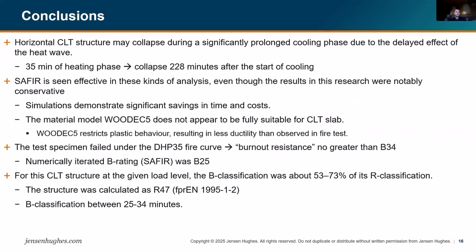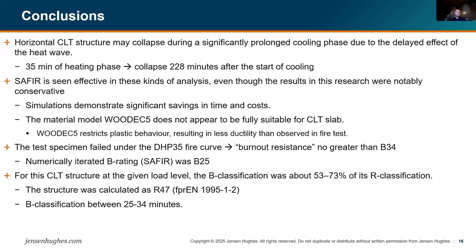So for the conclusions, we can say that the horizontal CLT structure may collapse during a significantly prolonged cooling phase due to the delayed effect of the heat wave. So with 35 minutes of the heating phase, the collapse happened 228 minutes after the start of cooling.